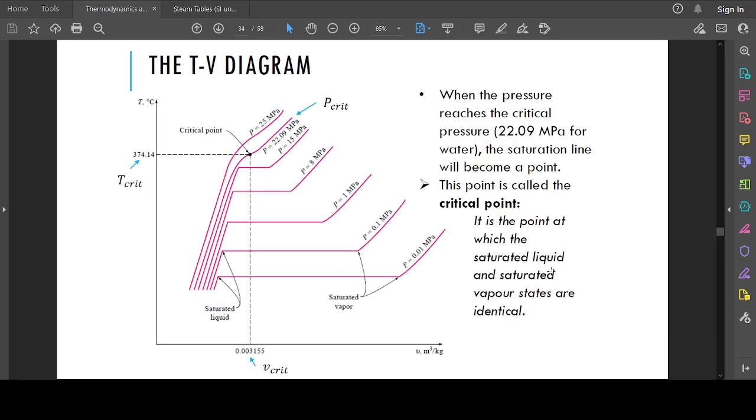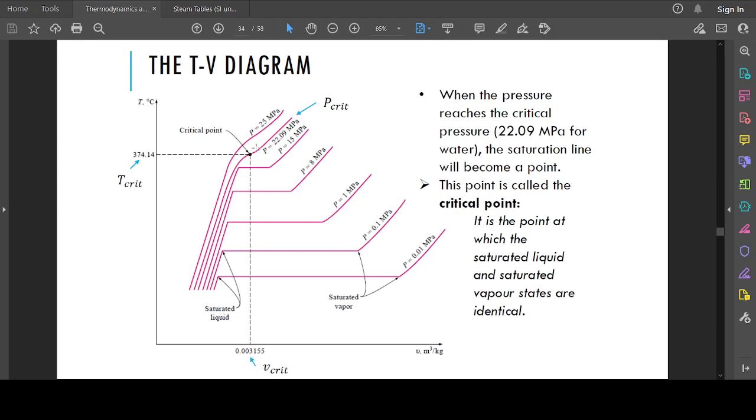So what happens if this continues? At a pressure of 22.02 megapascals, an equivalent temperature of 374.14 degrees Celsius, we reach a critical point. And that critical point, for liquid water, corresponds to a specific volume of 0.003155 meter cube per kilogram.